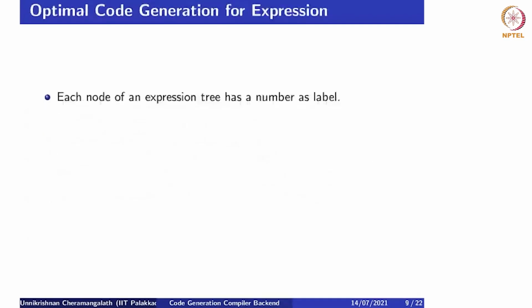So in this lecture, we look at optimal code generation for expressions. Each node of an expression tree has a number as label. These numbers are sometimes called Hershey numbers.